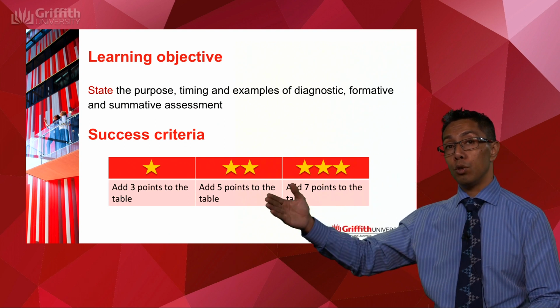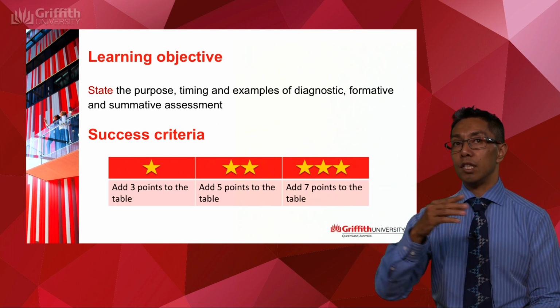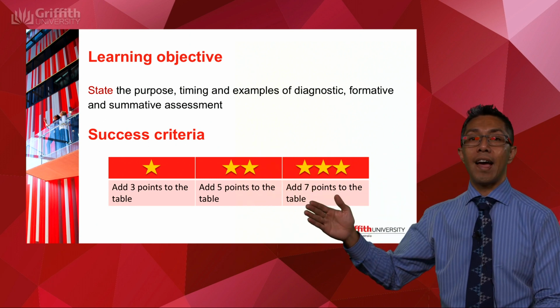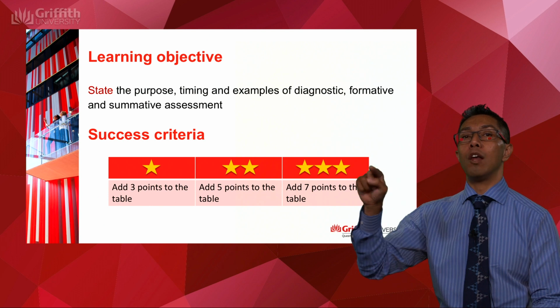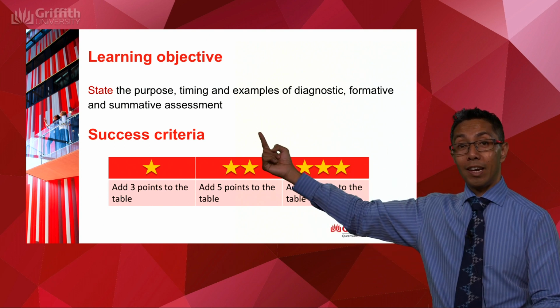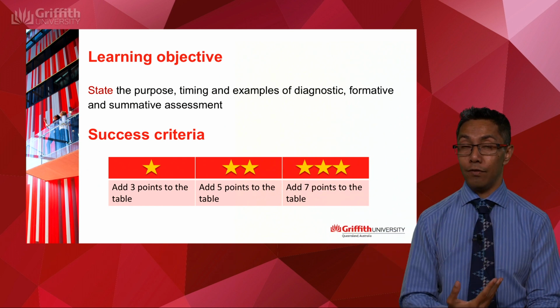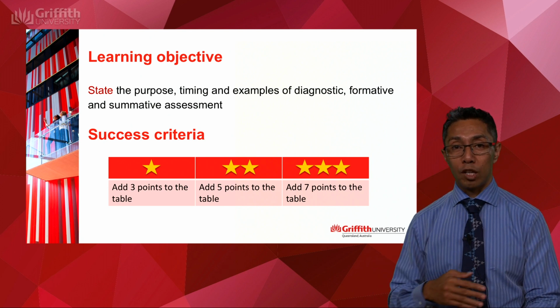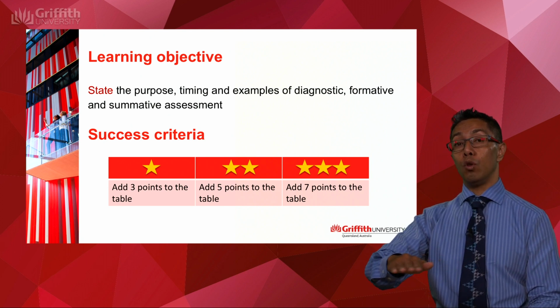We are learning to, so that's the stem. Then your learning objective should directly just finish that stem of we are learning to. So the first thing that should appear in your sentence is that cognitive verb. In this case, it is state. And so that's essentially just recall. That's the lowest level, remembering.